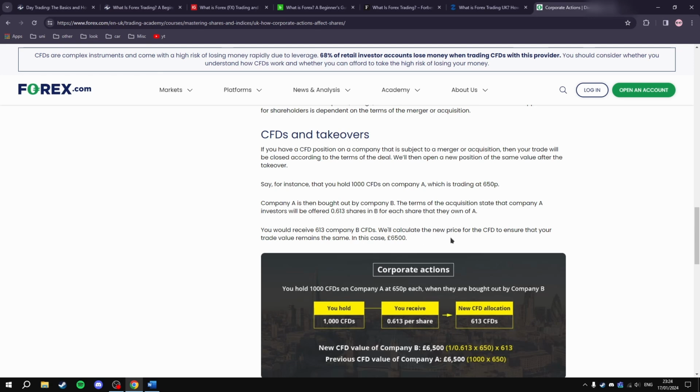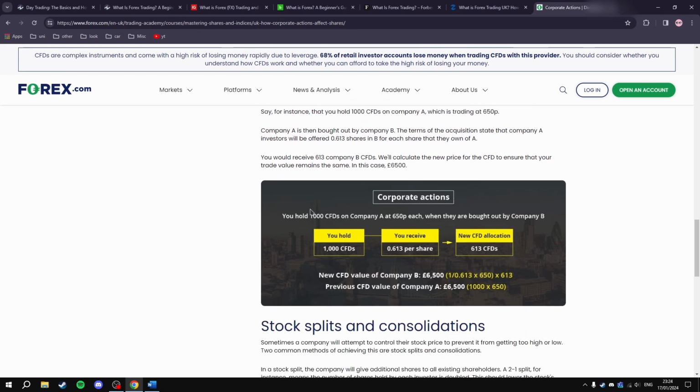We'll calculate the new price of the CFD to ensure that your trade value remains the same, in this case 6,500, because 650 times 1,000 is 6,500.